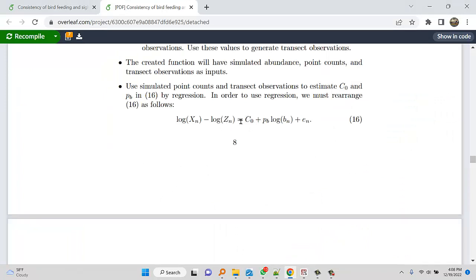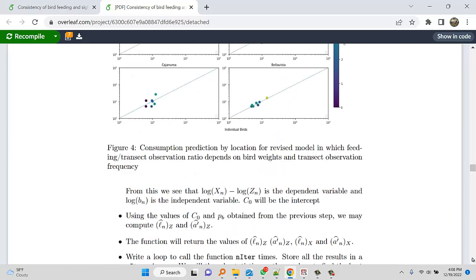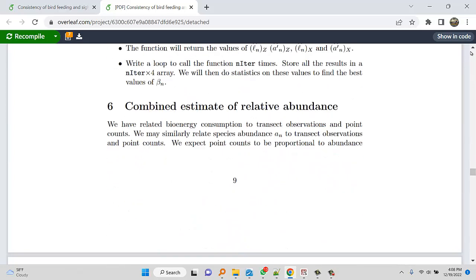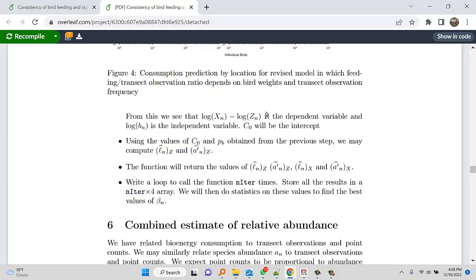Now, once we've estimated C0 and PB, all right, so I explained that a little bit here again. Log xn minus log zn is the dependent variable, and log bn is the independent variable. C0 will be the intercept. So using the values of C0 and PB, you may compute the ln's. This actually should be x and not z. I'm sorry.